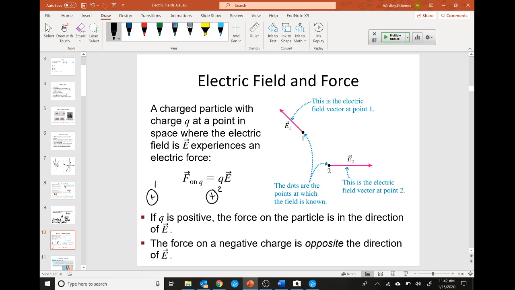We say that charge 1 makes an electric field everywhere, okay? It makes an electric field everywhere. That means at the place where charge 2 is, there is an electric field, and again, it's exactly away from it because it's a positive charge. There's an electric field which points away from charge 1, because the electric field due to charge 1 doesn't really care about the electric field due to 2.